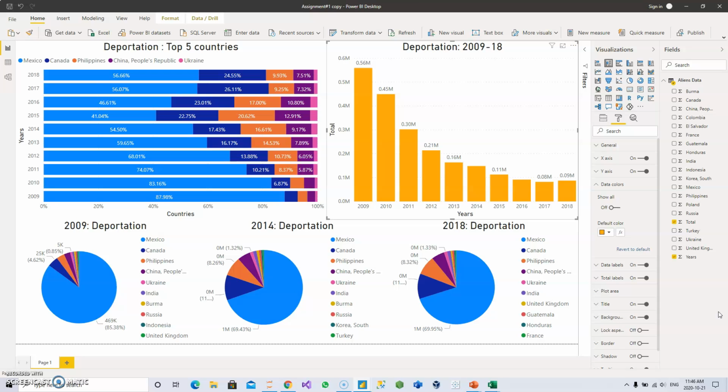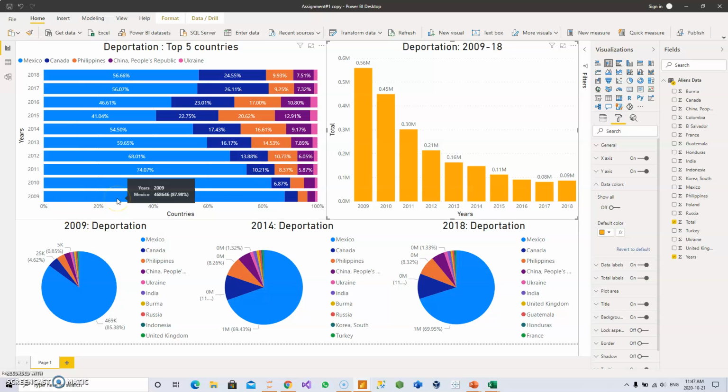So the Power BI presentation I want to describe. First of all, let's move to this graph. It represents the top 5 countries in deportation. So we can see between 2009 and 18, Mexico has a major part of unauthorized immigrants.